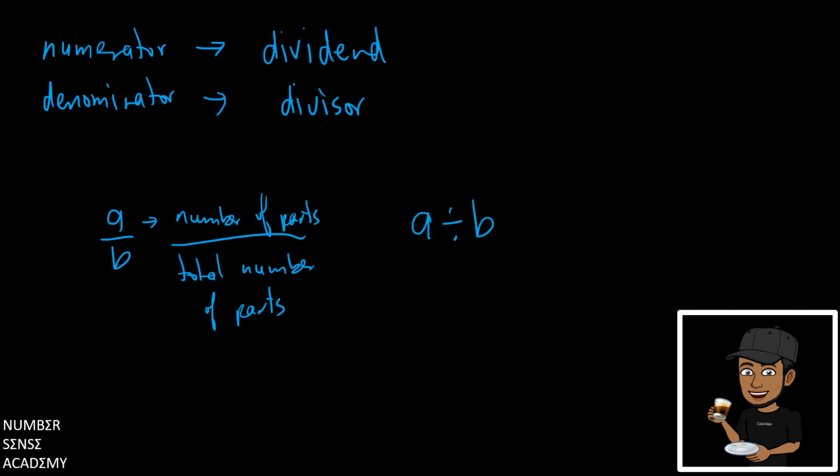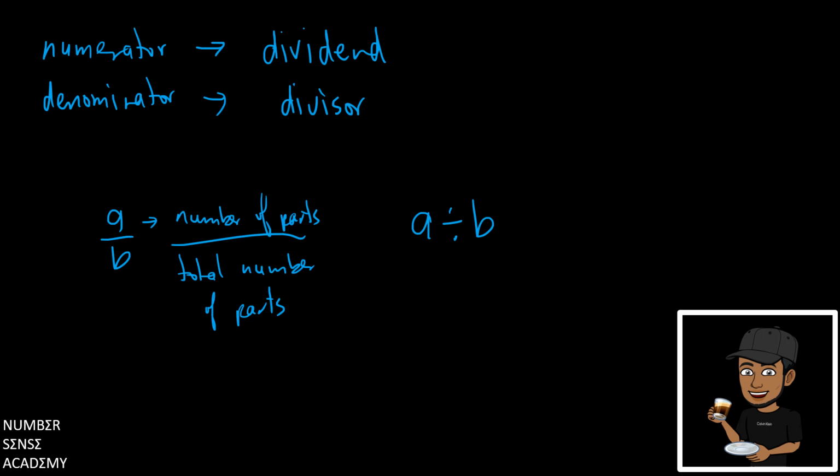That's one way of writing a fraction. So if I'm dividing a proper fraction, b is going to be bigger than a. If I'm dividing an improper fraction, a is going to be bigger than b. And once you think about those things, you start seeing the implications of what this means when you come to improper fractions and proper fractions. And we'll get into those in a bit.